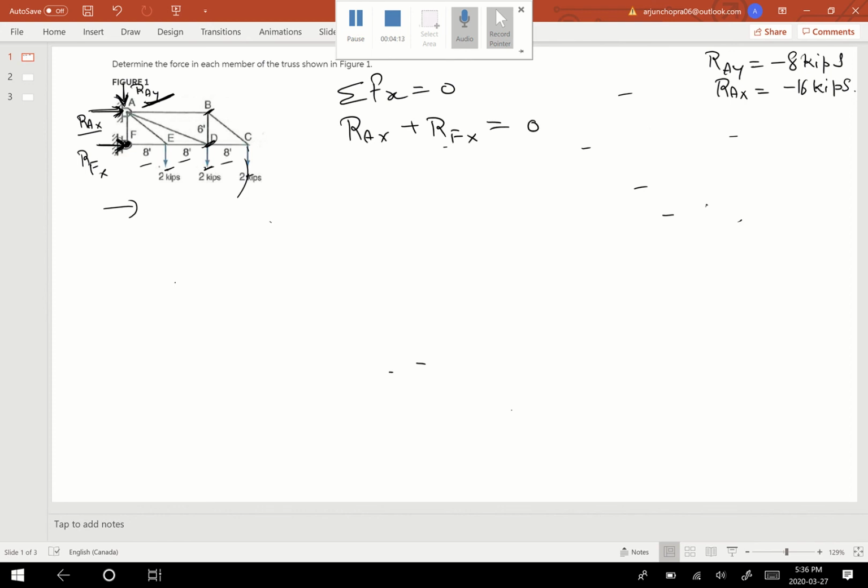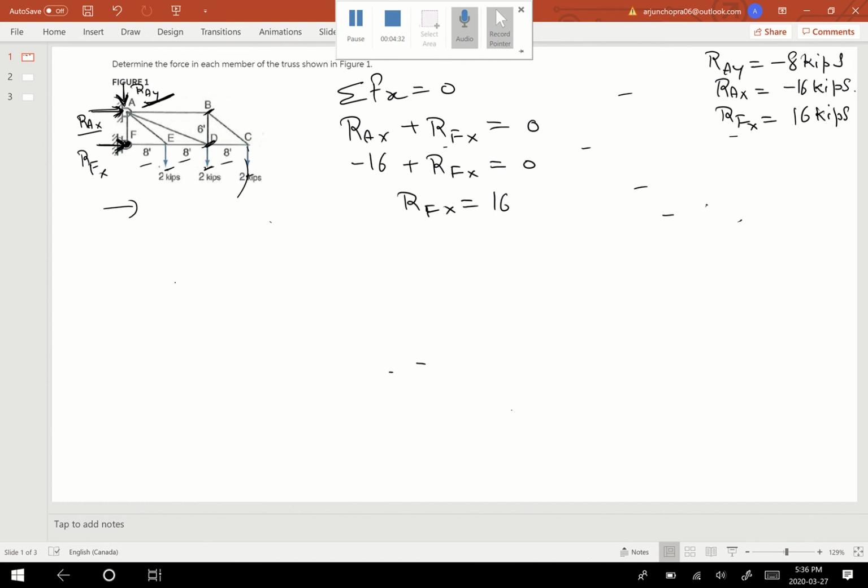RAX came out to be -16, so -16 plus RFX equal to 0. So RFX came out to be +16. I'm going to write it, RFX came out to be +16 kips. So I figured out 3 values. All the reaction loads have been figured out.